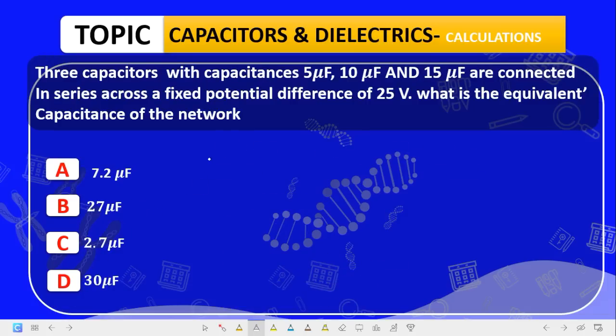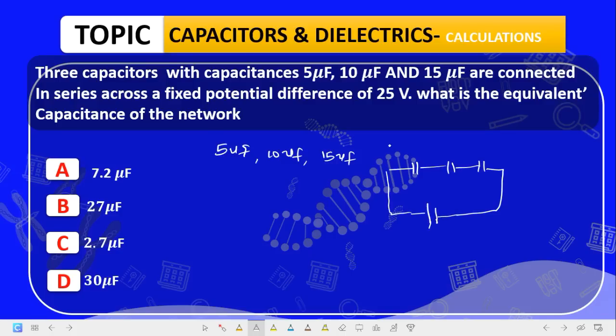Now let's take our next question. 3 capacitors with capacitance 5 microfarad, 10 microfarad, and 15 microfarad are connected in series across a fixed potential difference of 25 volts.